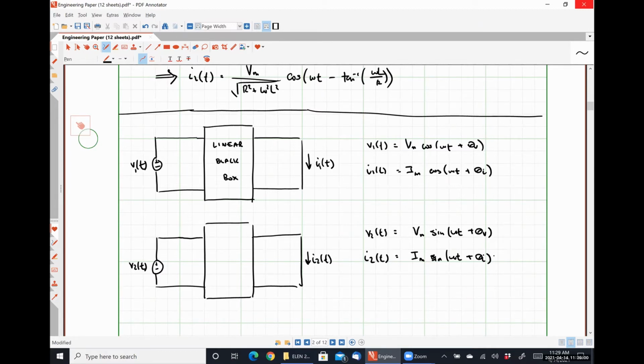All right, so how many of you remember anything about the scaling property of linearity? The scaling property of linearity says that if I scale my input by some fixed non-time varying amount, I should expect to be able to scale my output by the exact same thing.